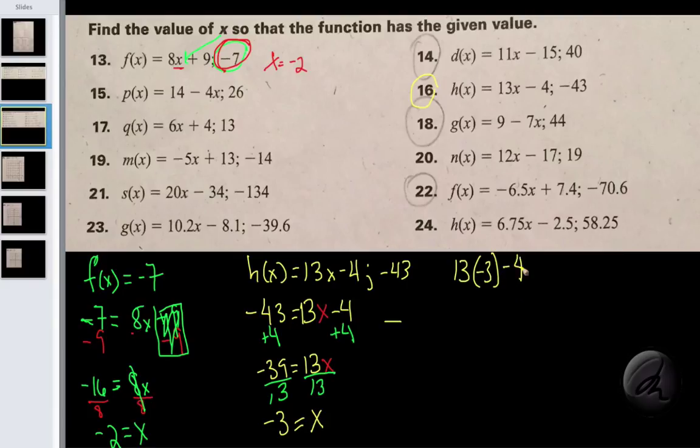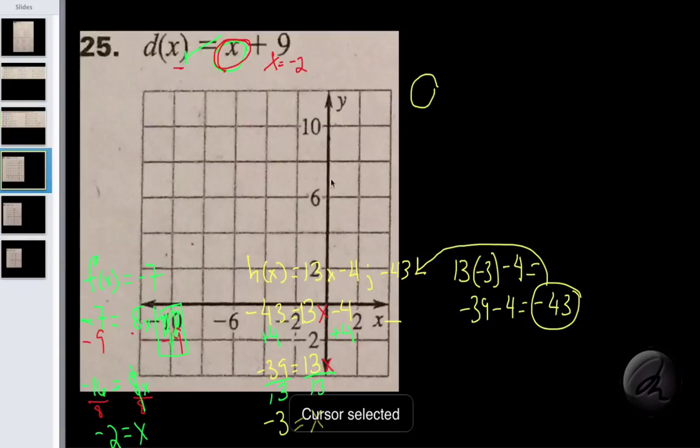Okay, what does that equal? So negative 13 times negative 3 is negative 39 minus 4 happens to be negative 43. So my math checks out because it's the same value that it wants to have. Okay, good. All right, so let's work out some of these now.